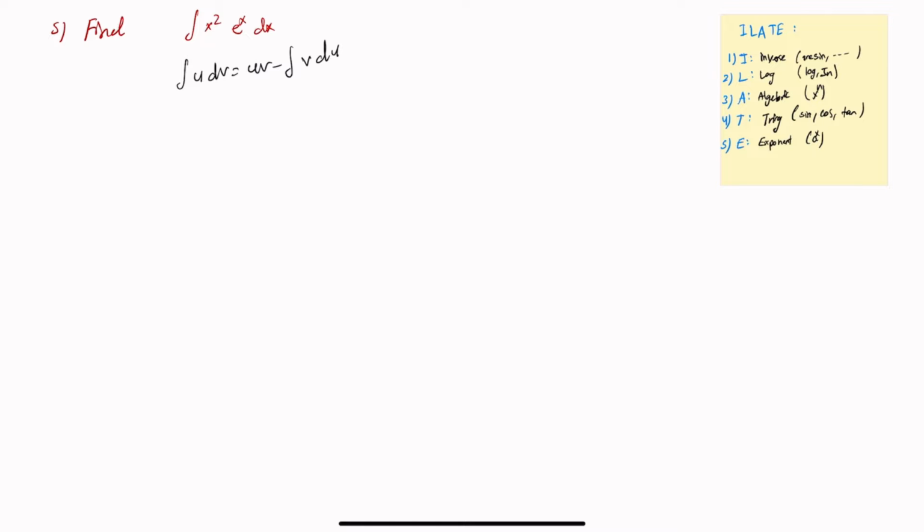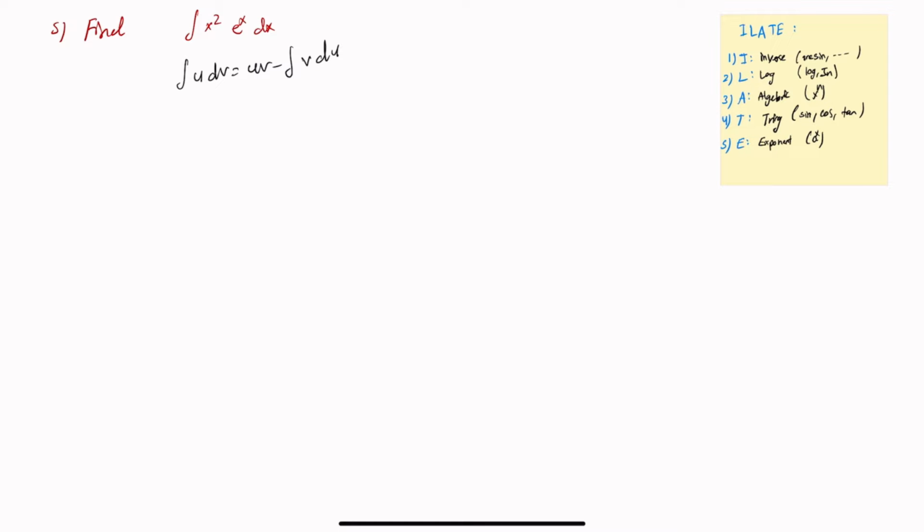Notice in here we have two expressions. We have an algebraic expression, which is x squared, and then we have an exponential expression, which is e to the x. The one that comes first in the ILATE, I'm going to choose it to be u. Notice here, the exponential is number 5, and the algebraic is number 3.